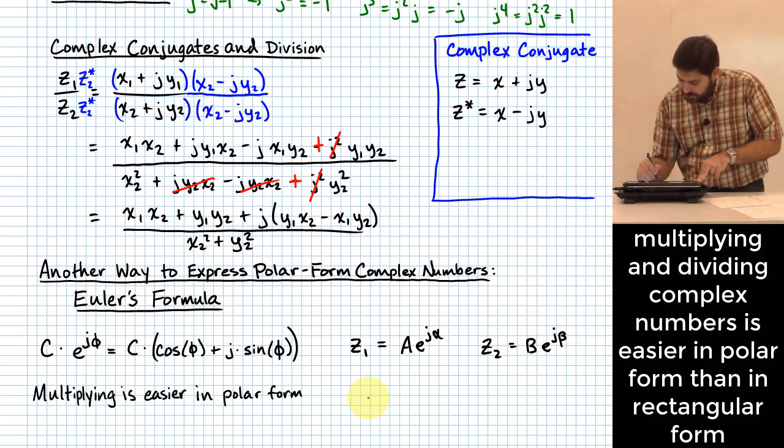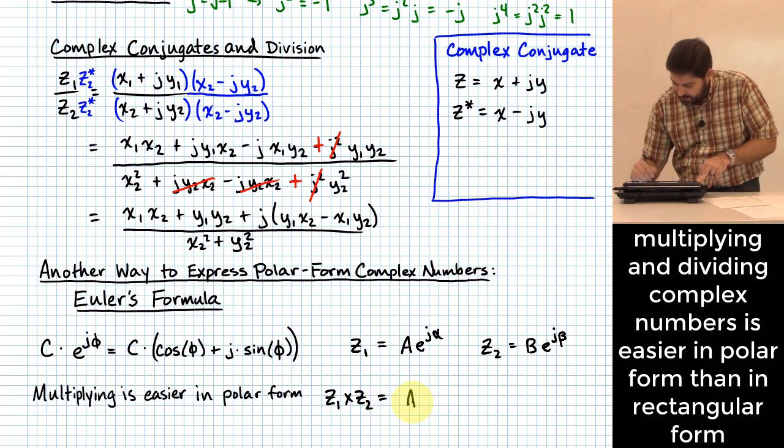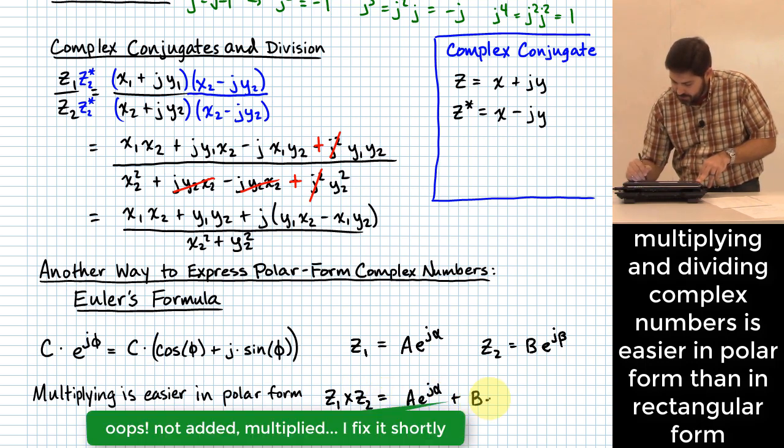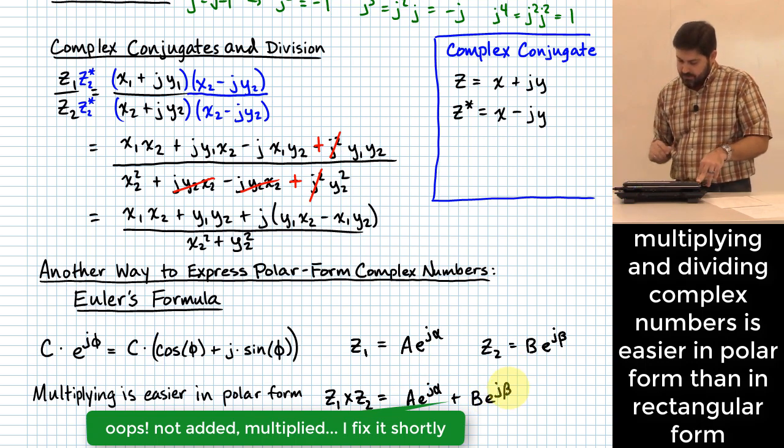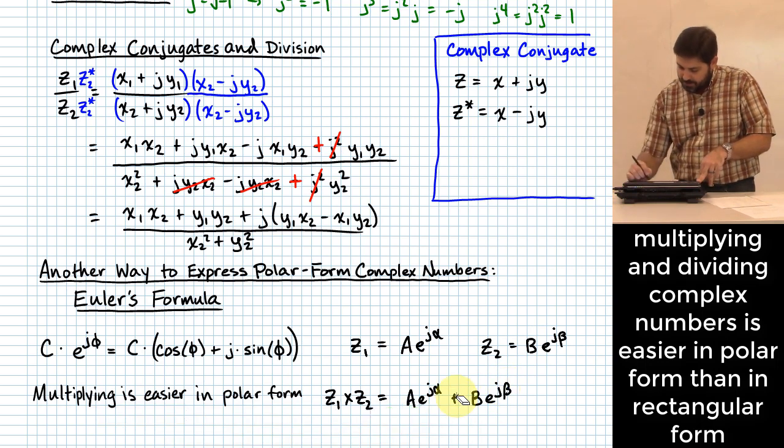And I want to multiply these two together. What that looks like here, right? z1 times z2. What it looks like is that we would have a, e to the j alpha, b, e to the j beta, not plus, sorry, times.